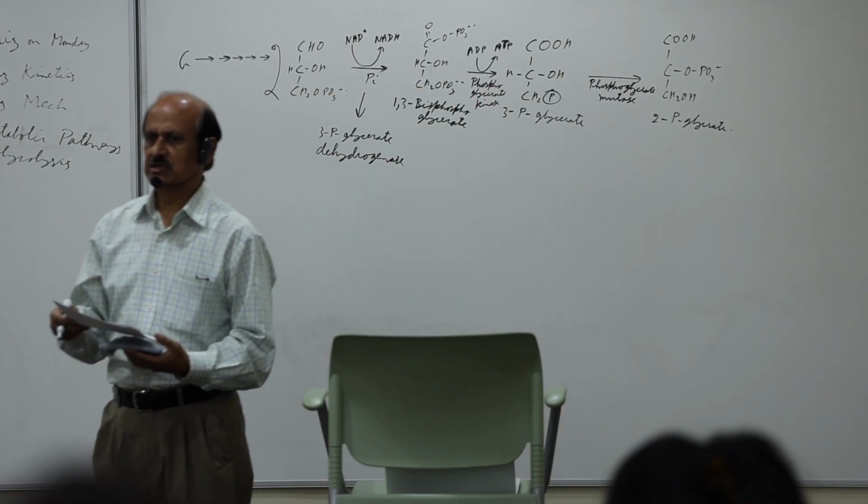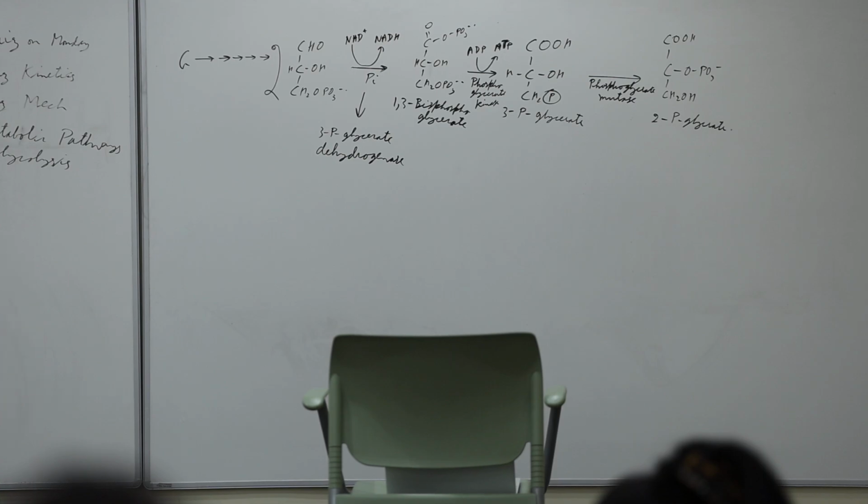One point that I mentioned before, one property of mutases is that the phosphate that is being transferred from one position to another, it is that exactly same phosphorus, the oxygen that is transferred.